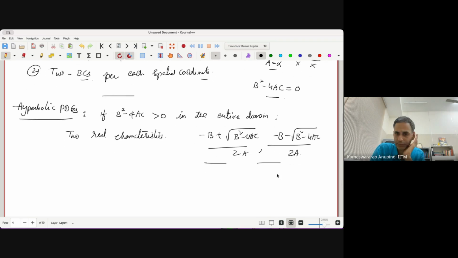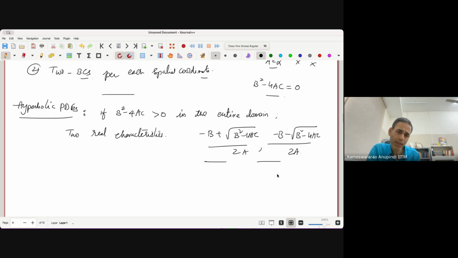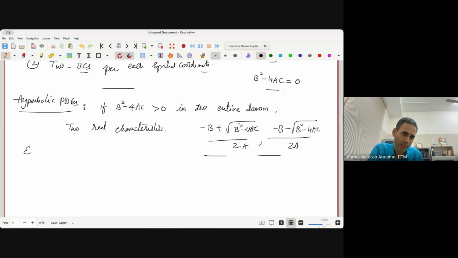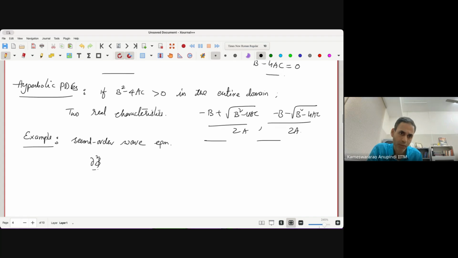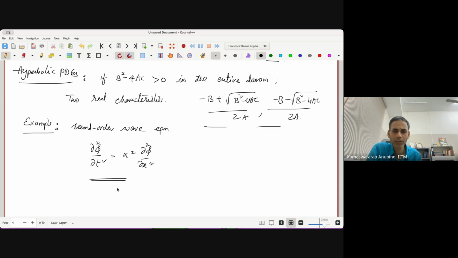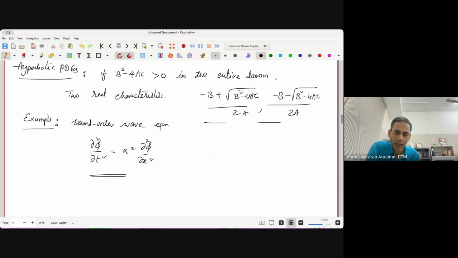Okay, so these give two real characteristics in two dimensions. And for hyperbolic problems, an example is the second order wave equation, which is given by partial squared phi by partial t squared equals alpha squared partial squared phi by partial x squared. Okay, so what you see here is that let us say A equals alpha squared, B equals 0, C equals 1.